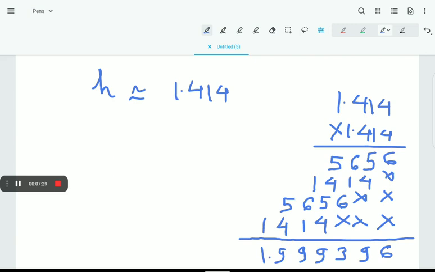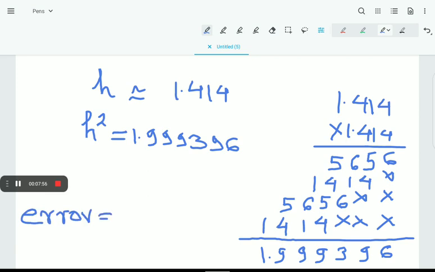So if you take h equal to roughly 1.44, then h square will turn out to be 1.999396. Again, let's determine the error this time.